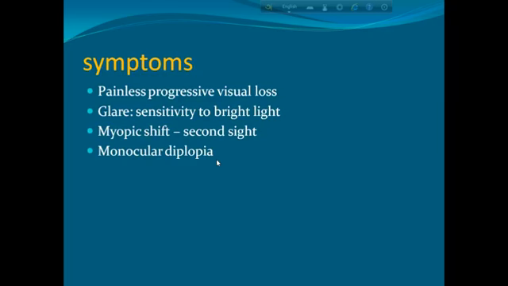At the age of 50 years, we increase the power to about plus 2. At 55 years, we prescribe plus 2.5 diopter. So from 40 years the glass power keeps increasing, and without glasses near vision is impossible.